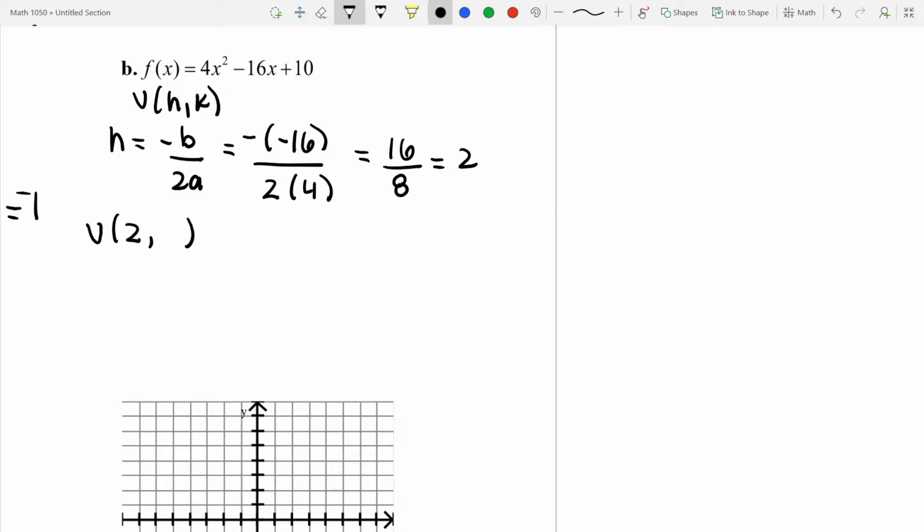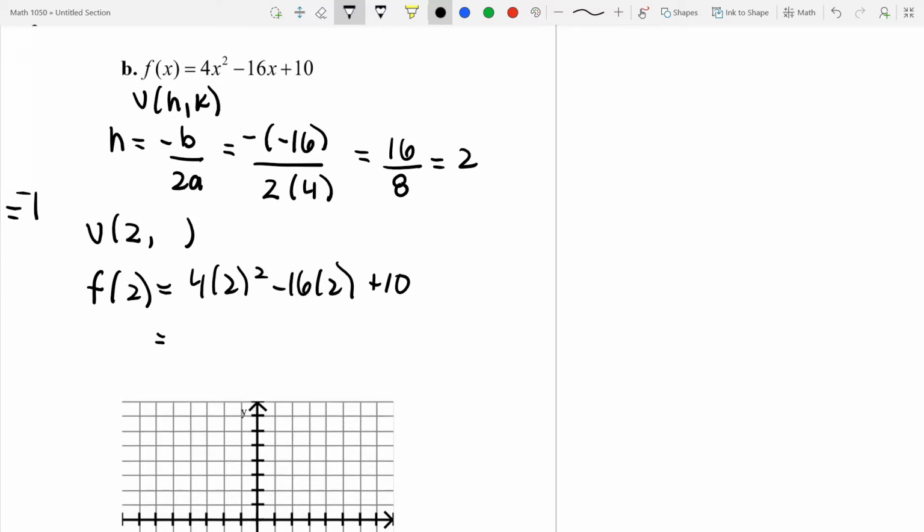How do I find the y? Plug it in. So write this down: f of 2 equals 4 times 2 squared minus 16 times 2 plus 10. Grab your calculator.